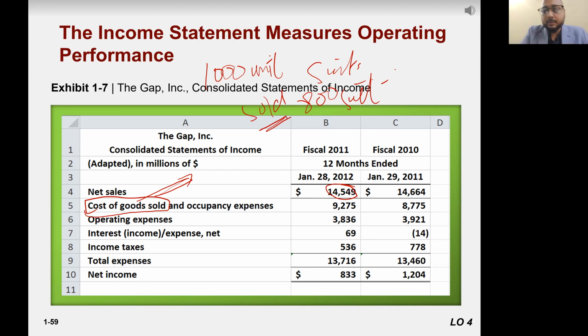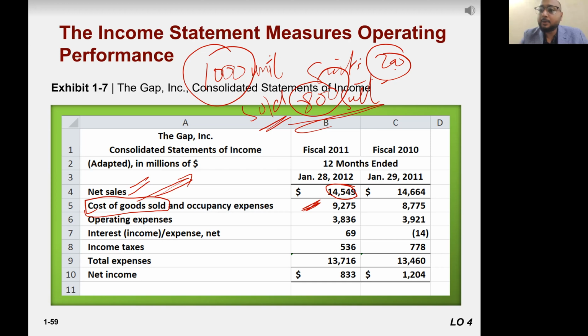It means net sales is going to be in units 800. So this cost of goods sold is not going to be the cost incurred to make 1,000 units. No, the cost that you incur to make 800 suits is going to be written here, because still 200 units are unsold, and that becomes your inventory, right?